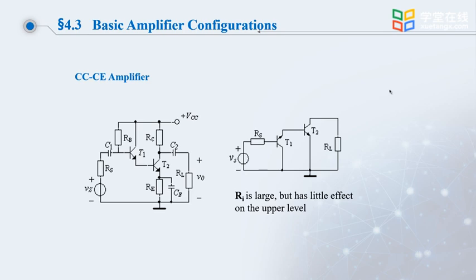So the voltage gain of this combination amplifier is equivalent to the gain of the first-stage common emitter amplifier, but its input resistance is greatly improved due to the added circuit. It can be seen that the use of the T1 tube has effectively increased the input resistance of the entire circuit.